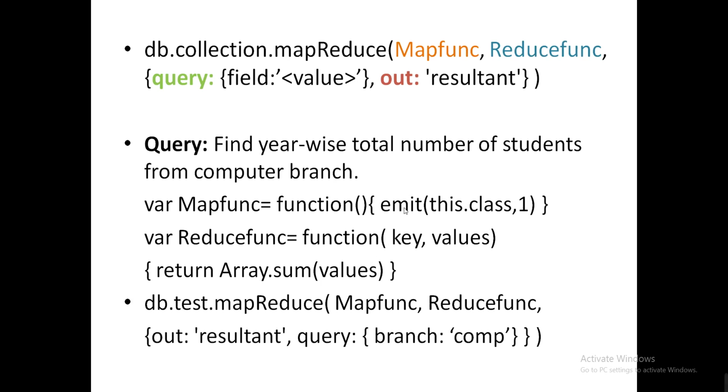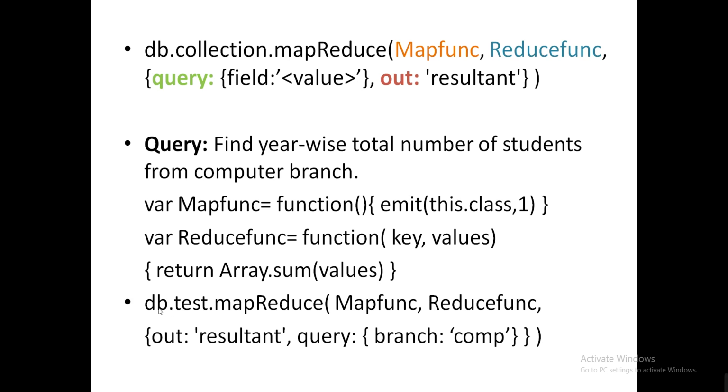If we have a second year class, we want the total number of students from that class, right? Okay, so these were the two map and reduce functions. Ultimately, we have to mention these two functions in the map reduce method.